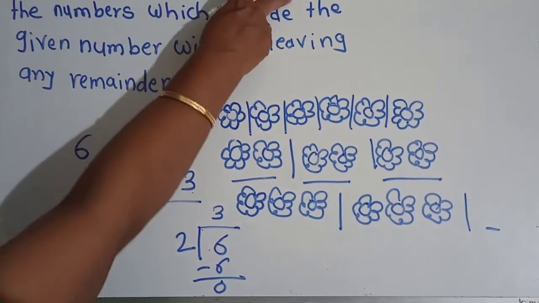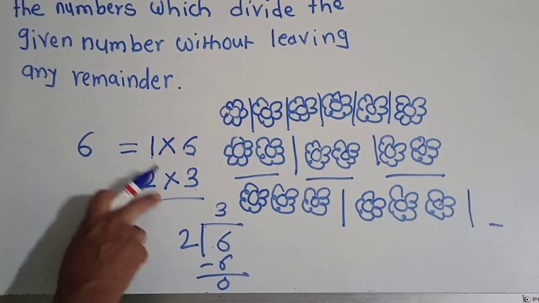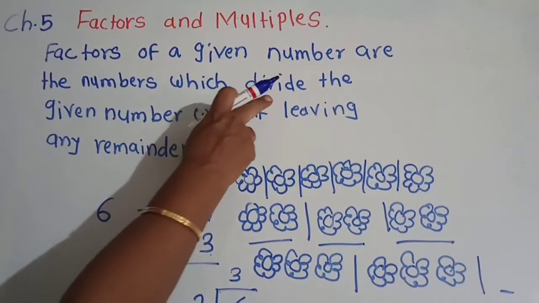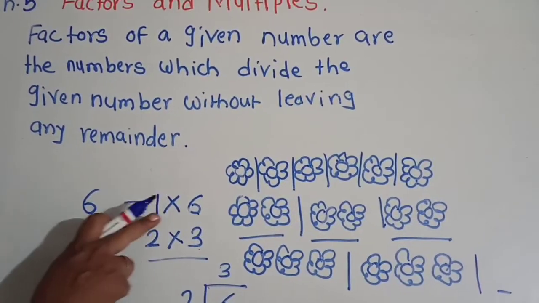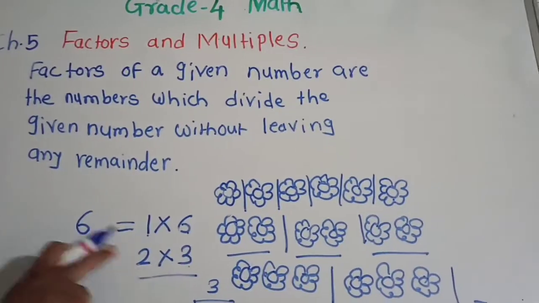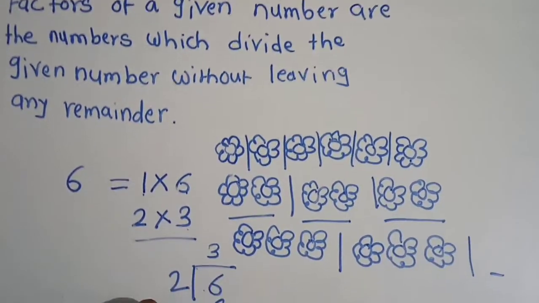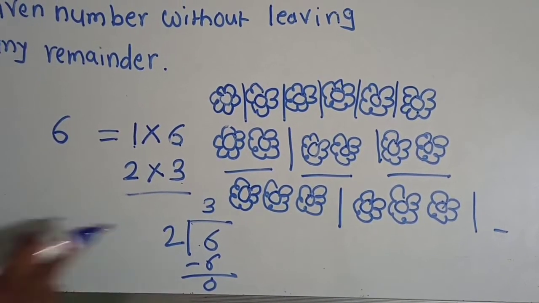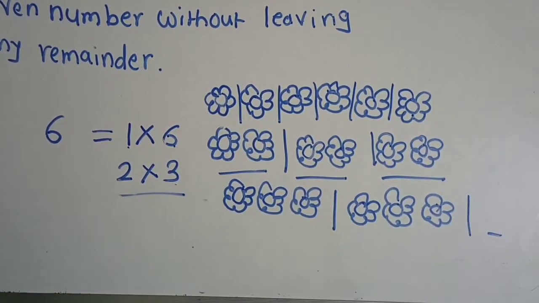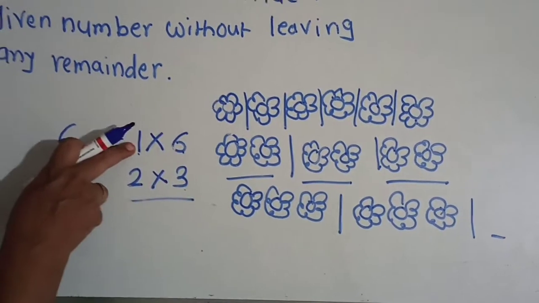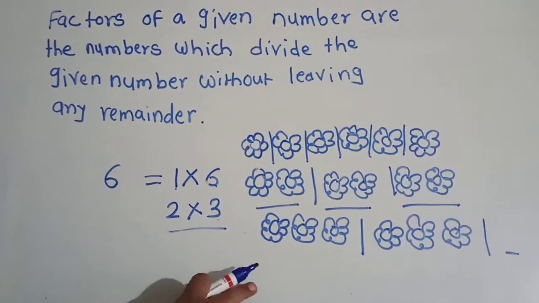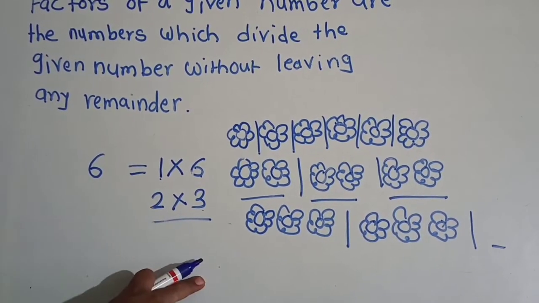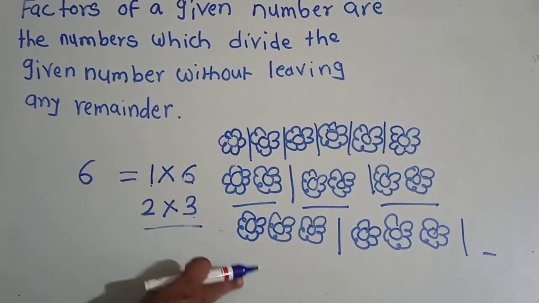Factors of a given number are the numbers which divide the given number without leaving any remainder. If we divide, 1 six is 6, remainder 0. 2 threes are 6, remainder 0. 3 twos are 6, remainder 0.